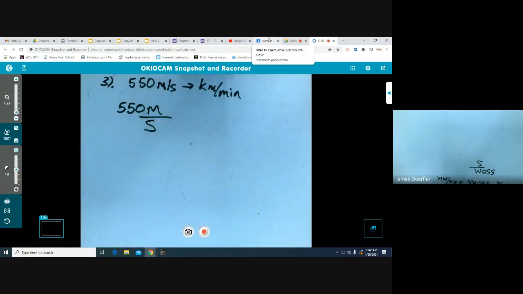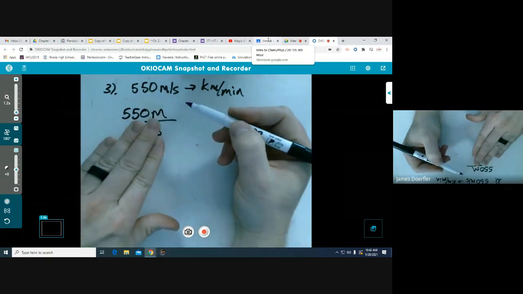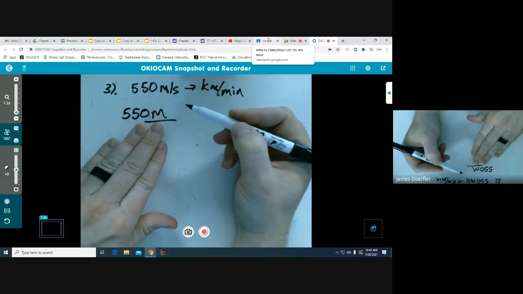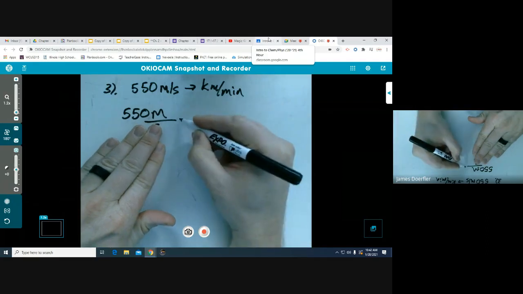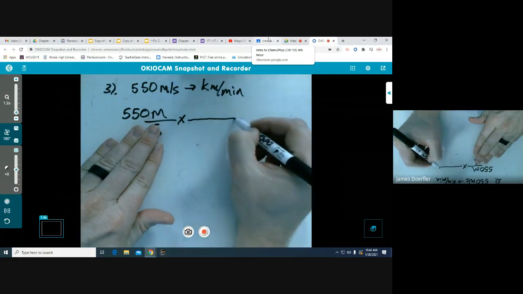Now, when you have two units that you need to convert, focus on one at a time. So, the first one I'm going to focus on in this case is the meter. I'm going to pretend that that seconds unit isn't even there. Okay? So, I need to go from meters to kilometers.